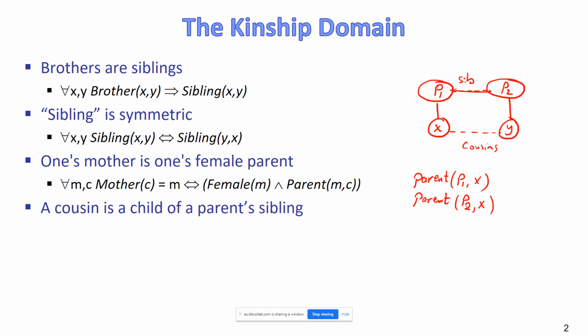So we have now these two parents, and we want to say that these are siblings. So we can say sibling of P1 and P2. Okay, so these are the predicates that we will use. And of course we have to use eventually cousin. That's what we want to define. So cousin X and Y, right? So this is the first step in writing any of these expressions or sentences, to define what are the predicates and functions that we want to use.